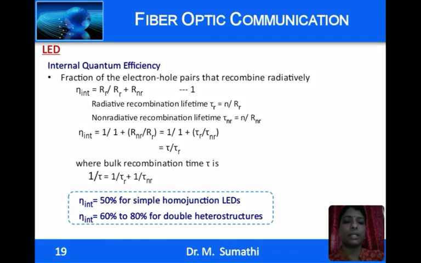It has been observed that the internal efficiency is 50% for homojunction LEDs, whereas for double heterojunction structures where the charge carriers are confined to the active region, the internal efficiency improves to 60% to 80%.